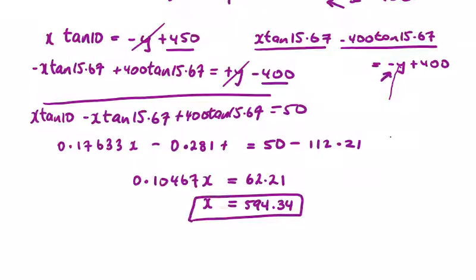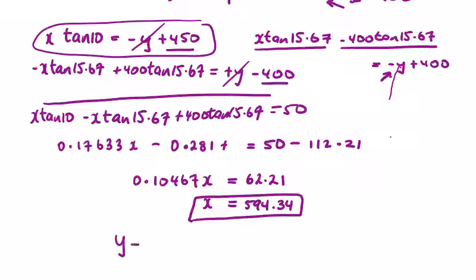I got 594.17 the last time. So for y, we have an equation for y up here. Probably the easiest one is this one. y is equal to 450 minus x tan 10, minus 594.34 by the tan of 10.